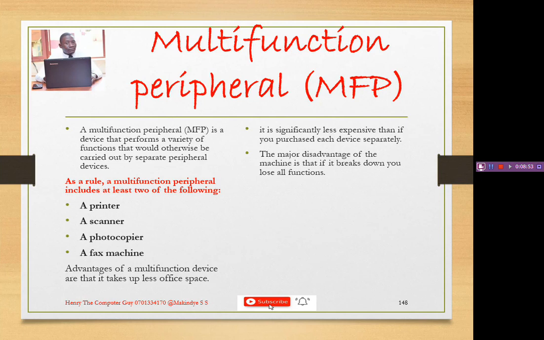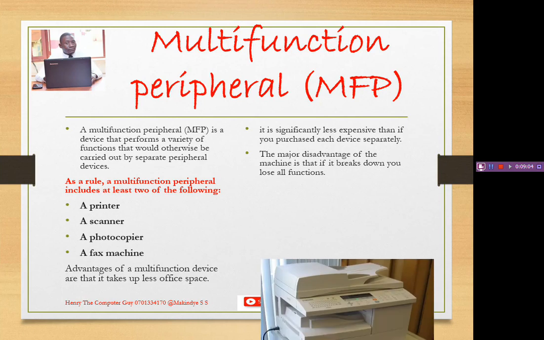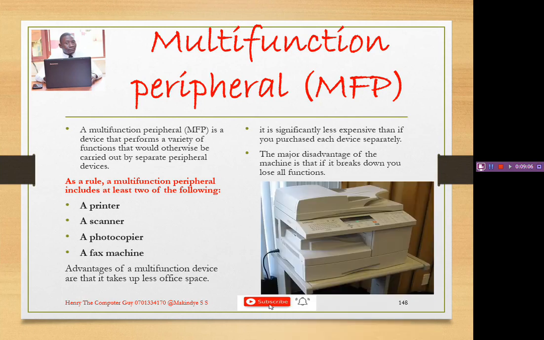If you had separate devices and one fails, you can use another one. But with a multifunctional peripheral, the work comes to a standstill. That is how it looks, and I think you've seen these devices before. It has the components of a scanner, photocopier, and many others, as we have talked about. We continue.